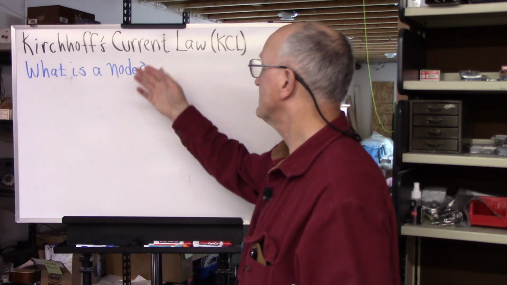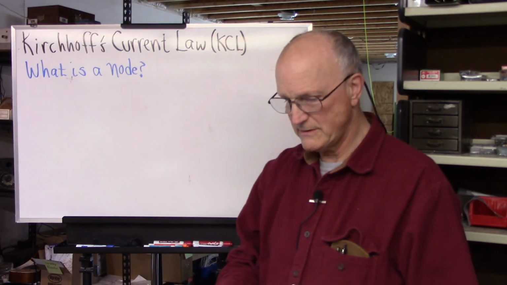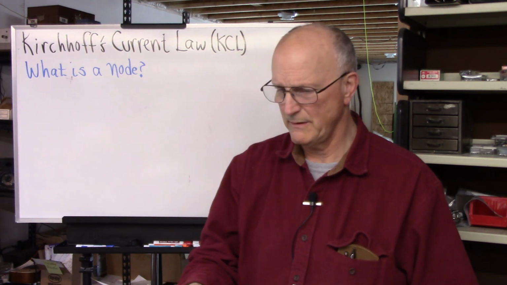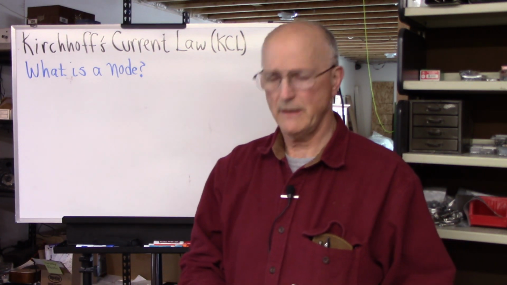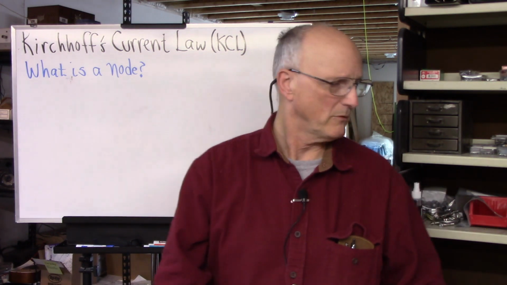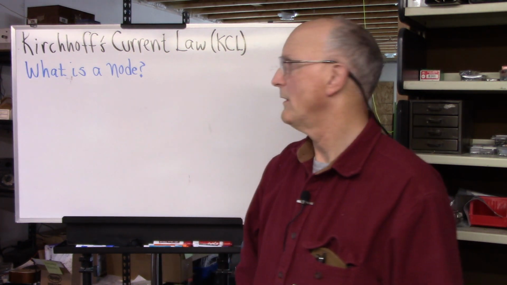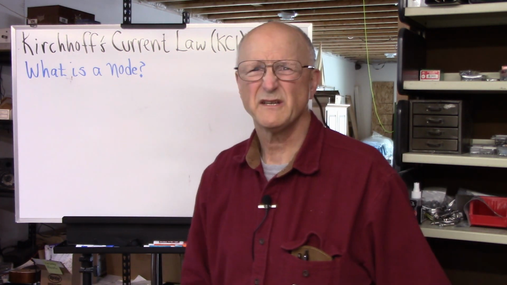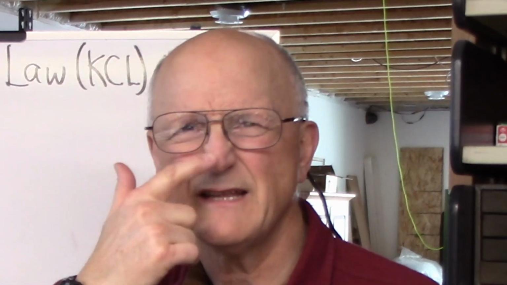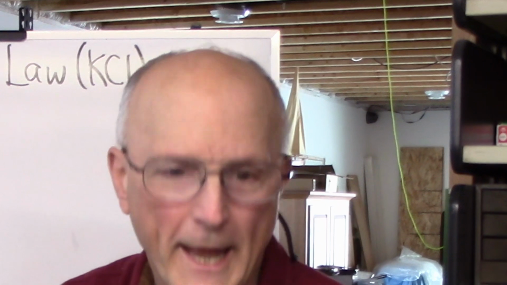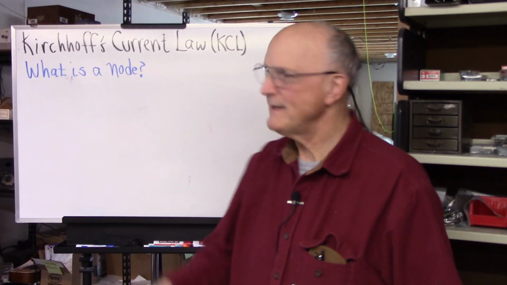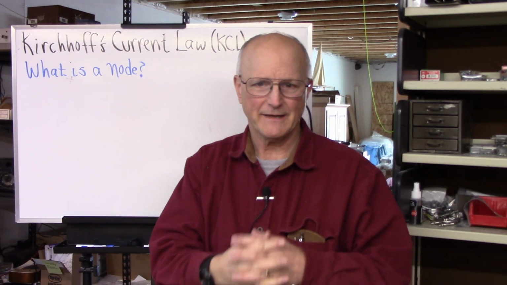So, Kirchhoff's current law states the algebraic sum of the currents entering a node must be equal to 0. So, what is a node? Well, it's not that thing in the middle of your face. A node is a junction in an electrical circuit.